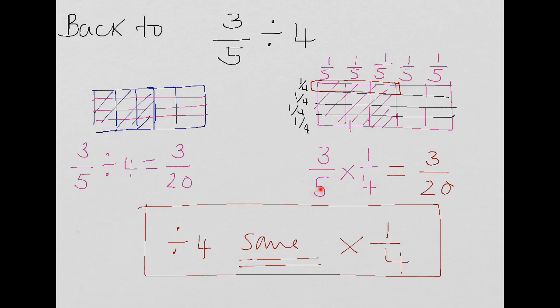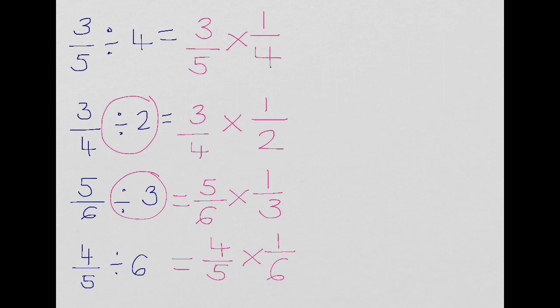And we can multiply our denominators because we've got 5 there and 4 there, which is the 20. So we can take that shortcut because we have our understanding from here. And then I can work out my answers, which would be 3/20, which is 3/8, which is 5/18, and this last one, which is 4/30.